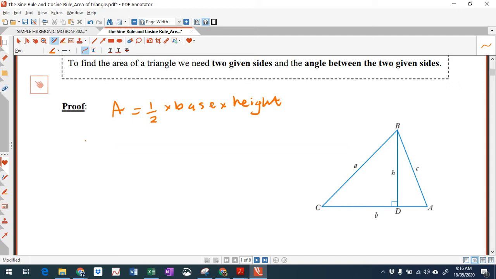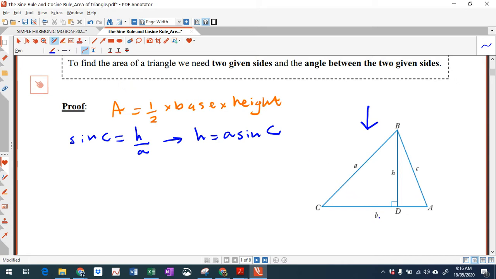We know that sine C in this triangle over here, so this is the triangle I'm looking at. Sine C using SOHCAHTOA is opposite divided by hypotenuse, which is H over A. And that gives me H equals A sine C.